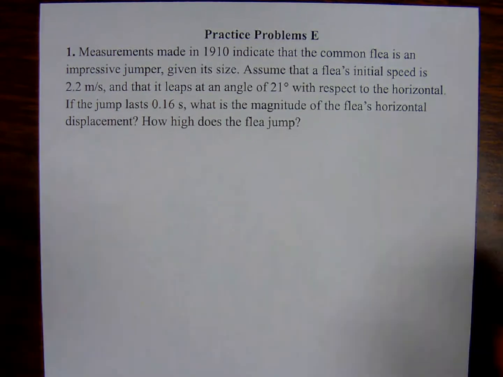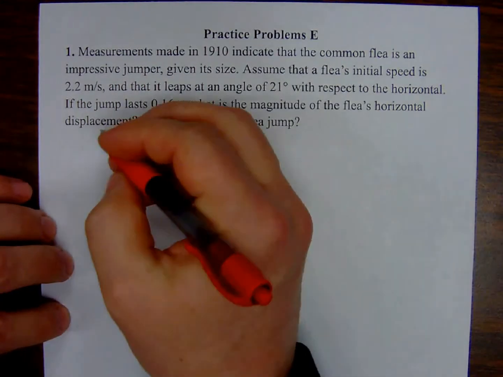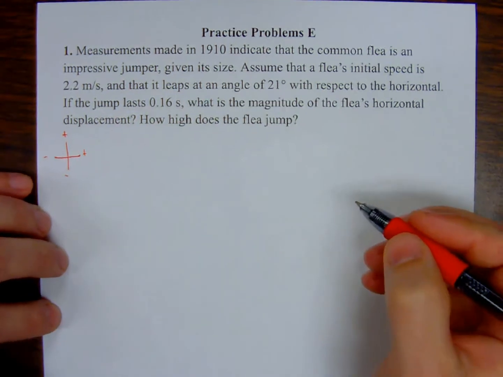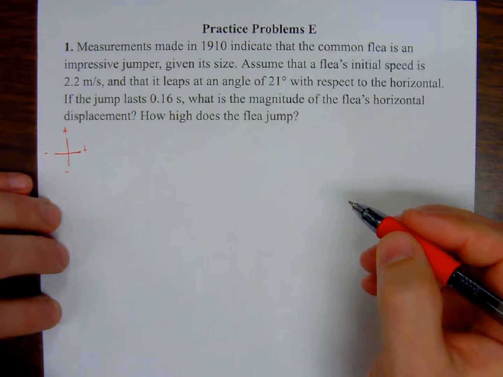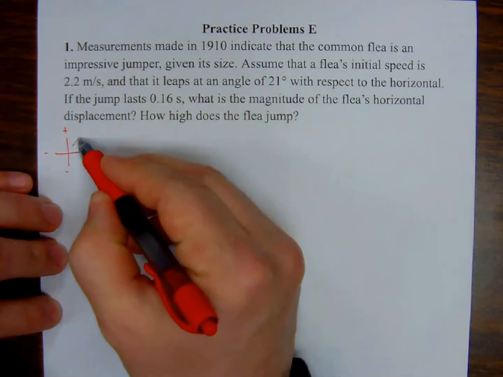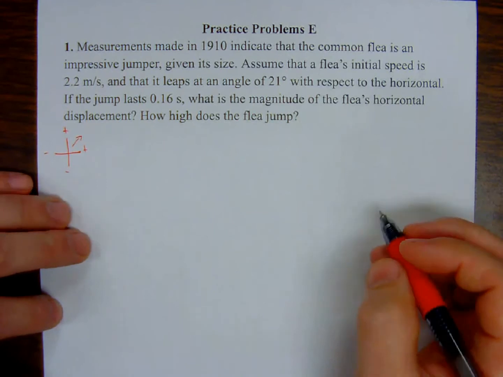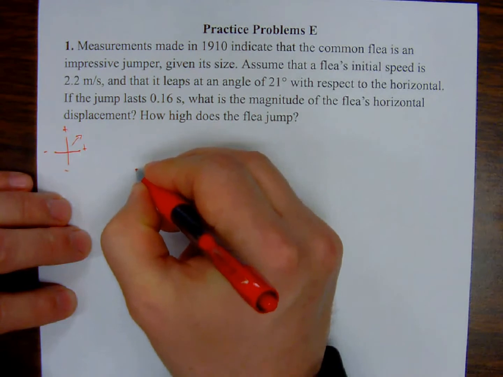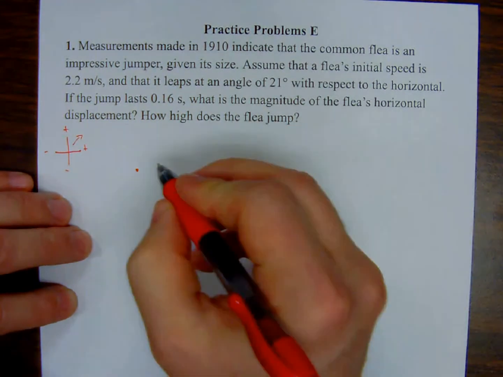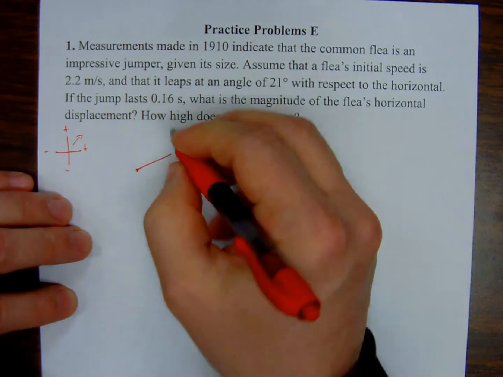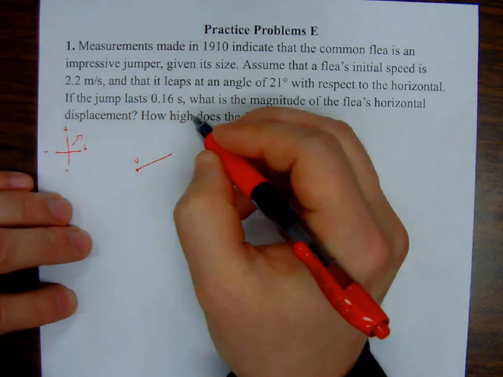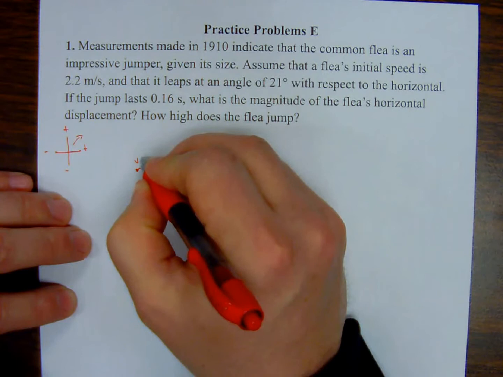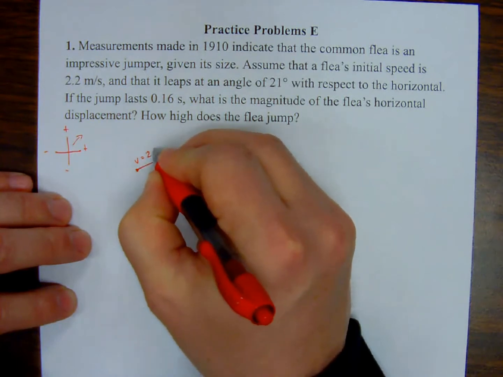So let's establish our coordinate system here, right? We have plus, plus, minus, minus, and we have a little jumper. Let's just assume that the flea is jumping this direction. We'll call that flea. It's jumping and it has a velocity, which is going to be the resultant of a triangle of two vectors, 2.2 meters per second.